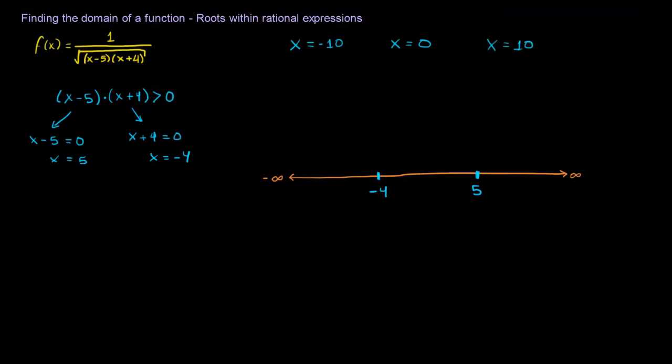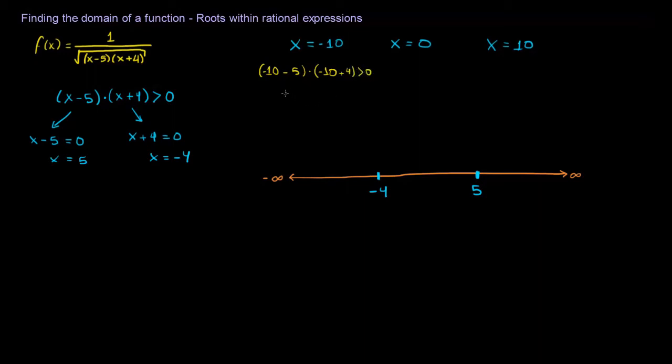Now I'm going to substitute these three values in this statement here and see what happens. It's negative 10 minus 5 times negative 10 plus 4 greater than 0.